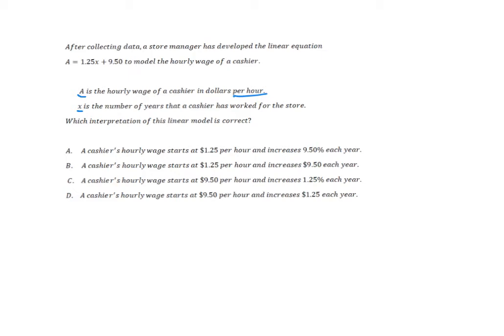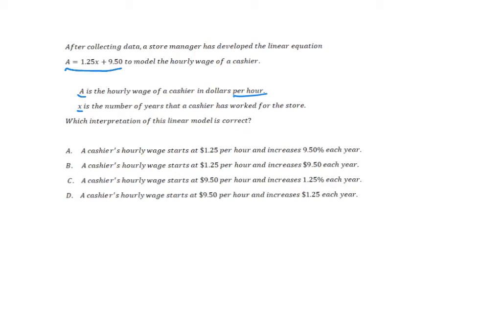Well, before we go to the answers, let's check the linear equation here. As we can see, x represents the number of years. So we can see that 1.25 is connected with years. Each year, we may see an increase or decrease for the cashier's salary.